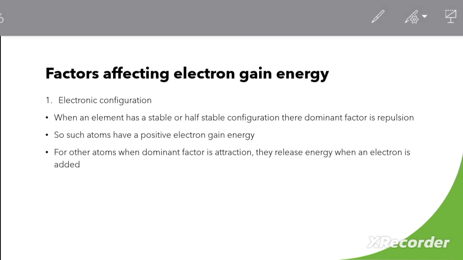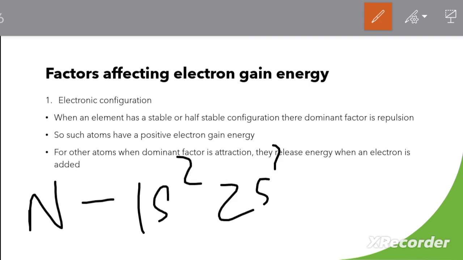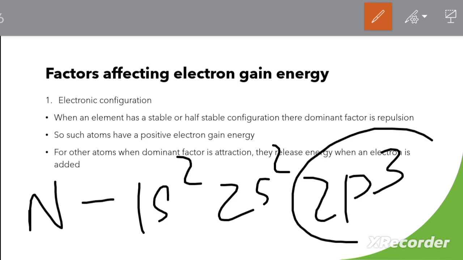We will take an example, nitrogen. Nitrogen has the configuration 1s2, 2s2, 2p3. Here 2p3 is half-stable, and when taking an electron into this nitrogen, its stability is no more there. So it doesn't like to take any more electrons.